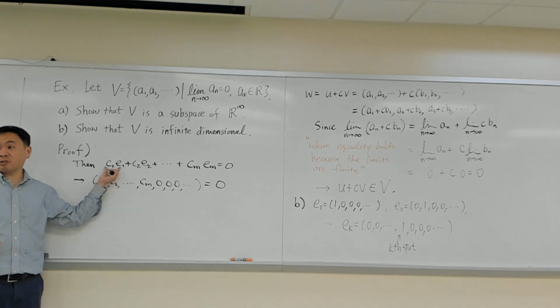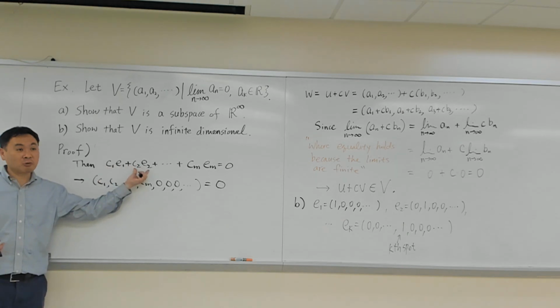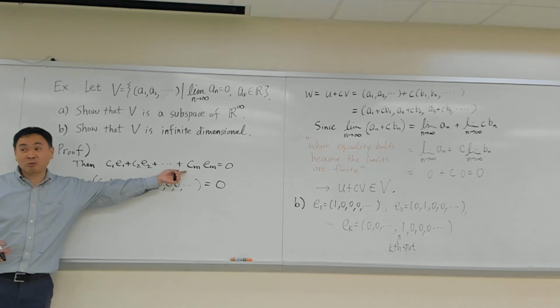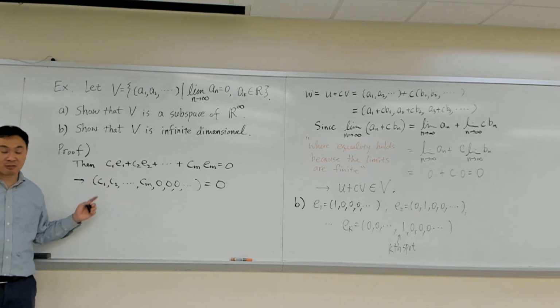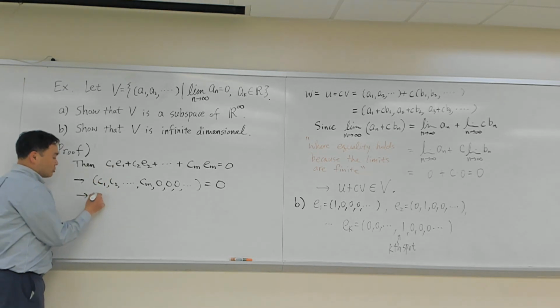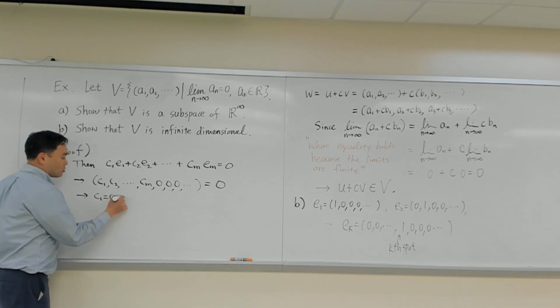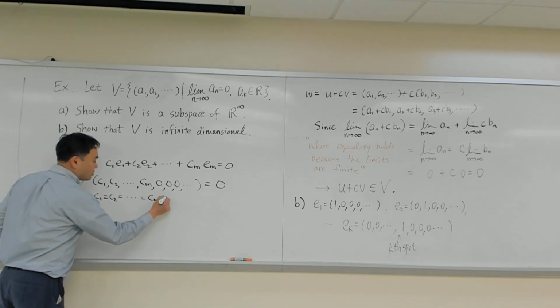The C1 times E1 will be C1, comma, 0, 0, 0, 0. This one will be 0, comma, C2, comma, 0, 0, 0, and so on. So if you simplify them and add them, you're going to get this, and that would force C1 equals C2 equals everything will be 0.